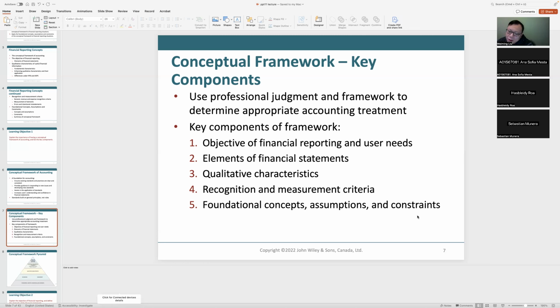So think about there are different accounting standards. Why? So, for example, International Financial Reporting Standards. To prepare financial information under that standard, it's going to cost CPAs more time, more hours. Therefore, it's more expensive to prepare financial statements under IFRS.